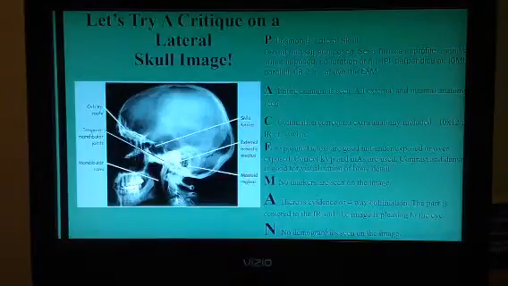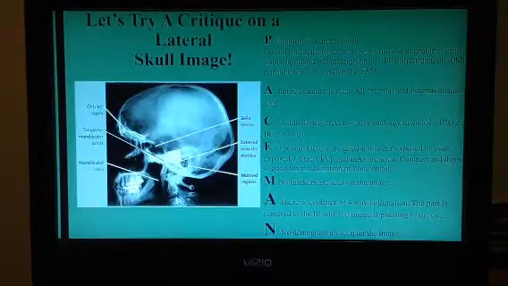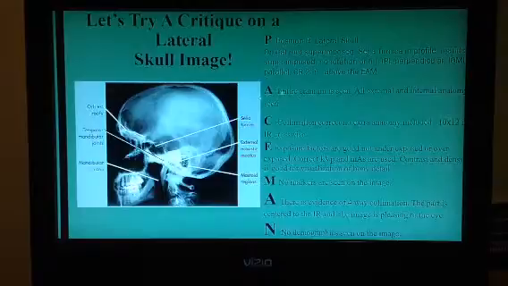The mandibular rami are superimposed and the temporal mandibular joints are superimposed. And we see the mastoid regions.